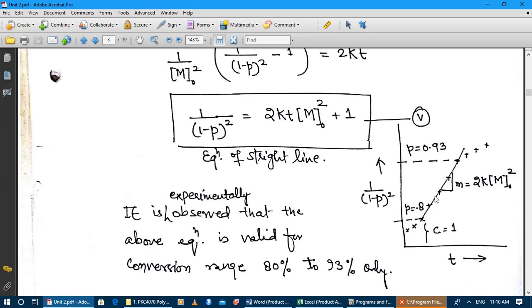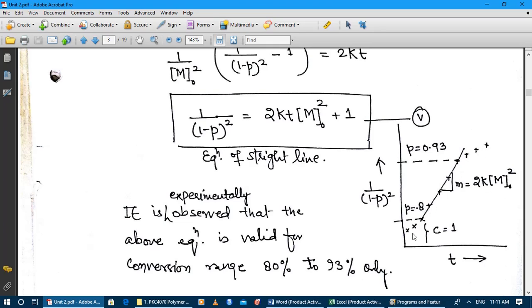So here we can see that there is some deviation from my mathematical equation, which predicts a straight line, with respect to the experimental data. The experimental data is deviating in the lower conversion region, and it is also deviating from the mathematical model in the higher conversion region.